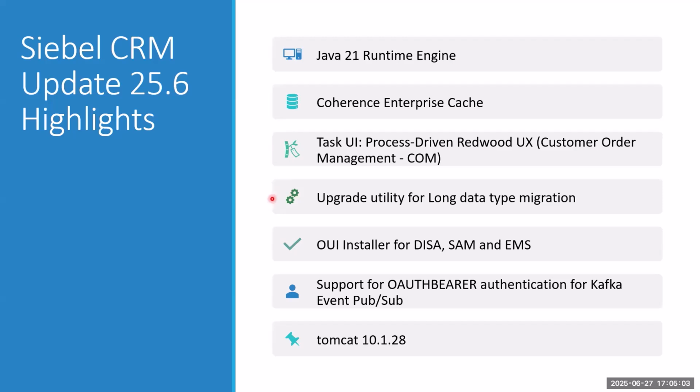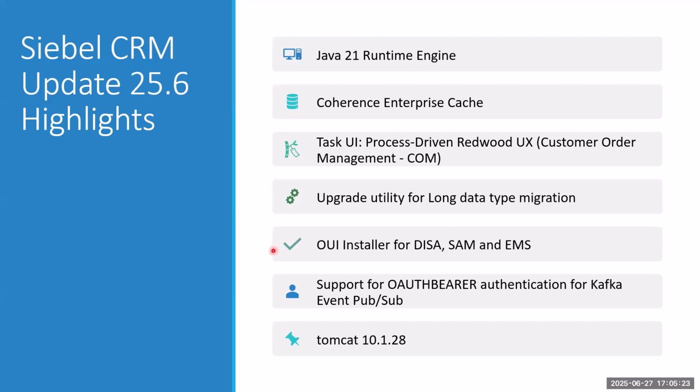And for upgrades, there's a utility we'll quickly cover. I think related to the Java 21 migration, there are new installers for DISA, SAM, and EMS, that is the email server.